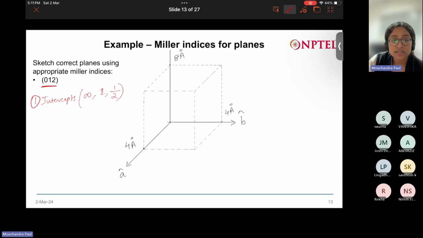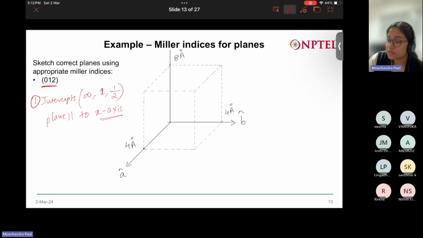So these are your intercept values in x, y, z direction or in a, b, c axes. Now when you get an infinity value, it means it is parallel. Here you got infinity for x, so this plane is parallel to the x axis. You won't find any intersect point on the x axis. Now b.